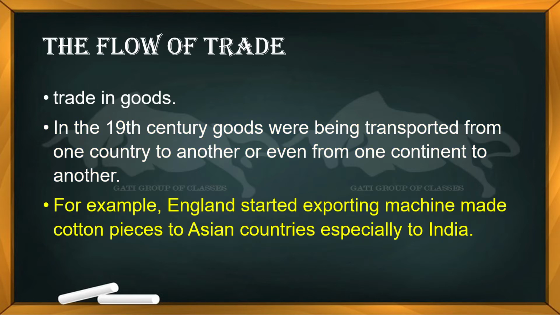For example, take England: they started selling machine-made cotton cloth in our own country, India, and in many other countries, and they looted us, taking raw material from us and selling their ready-made material to us.